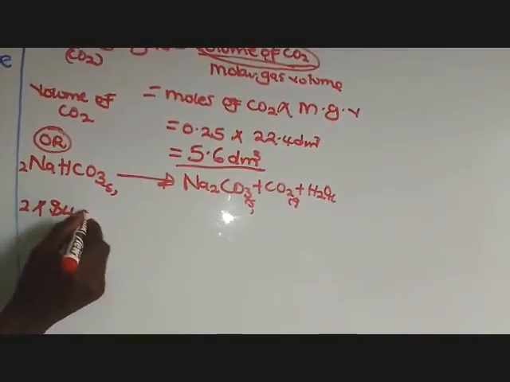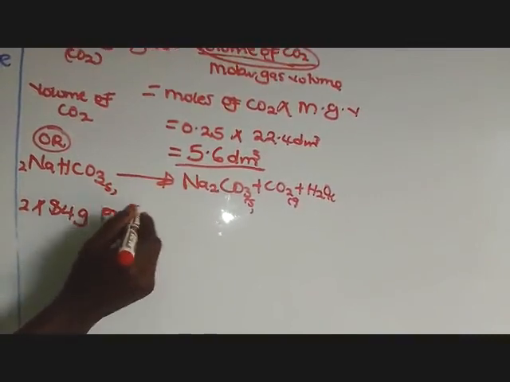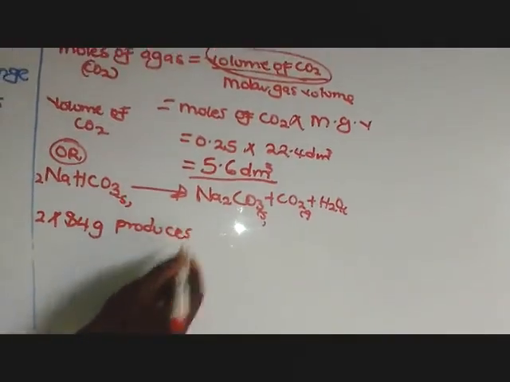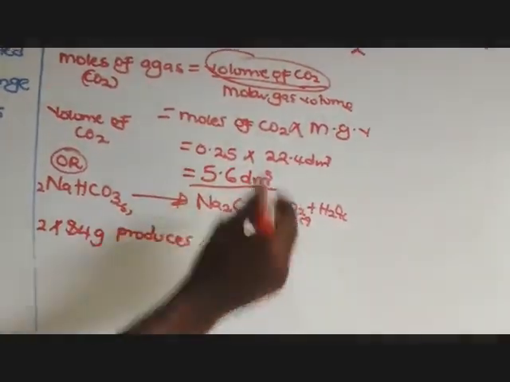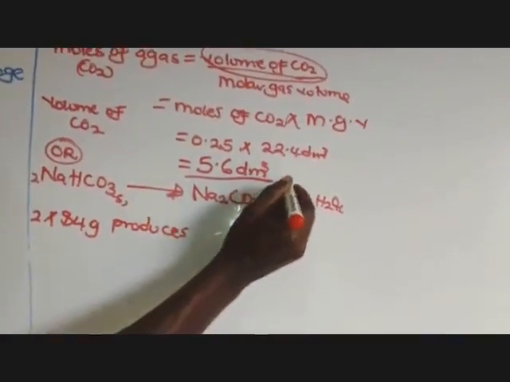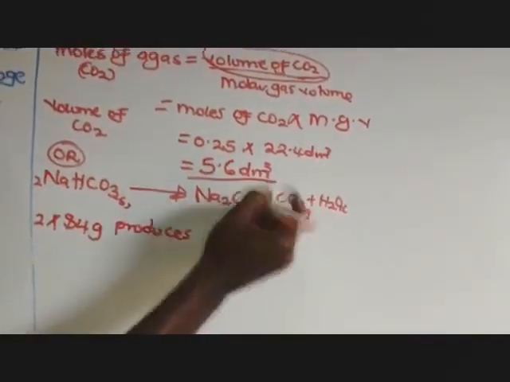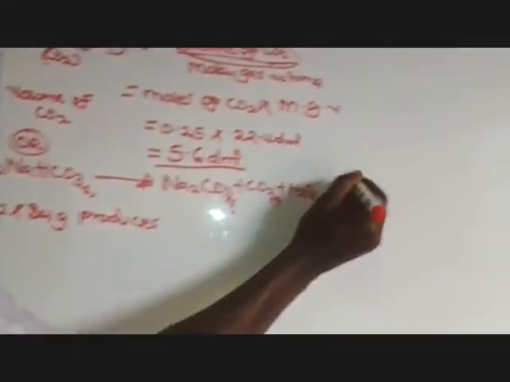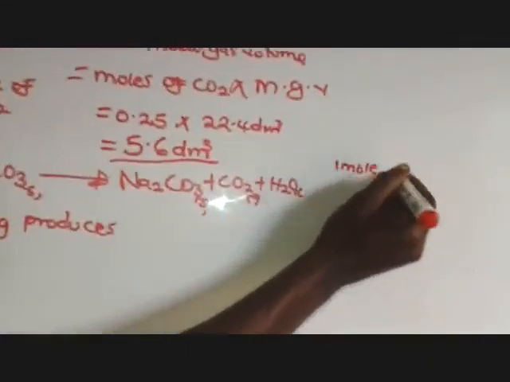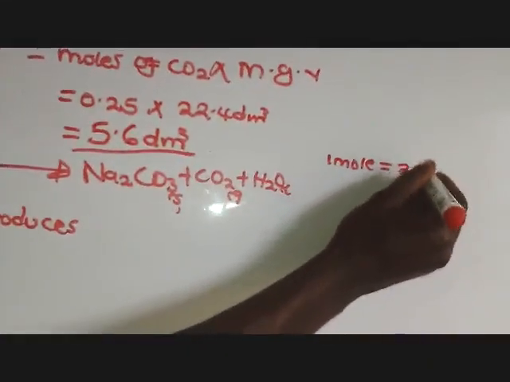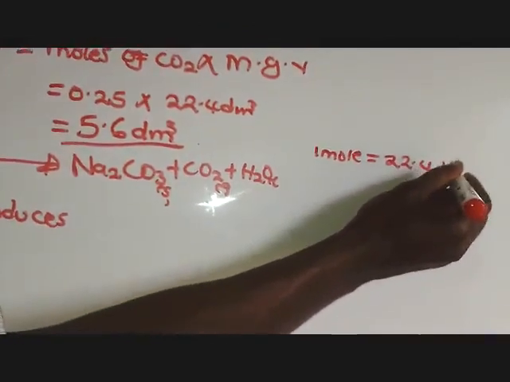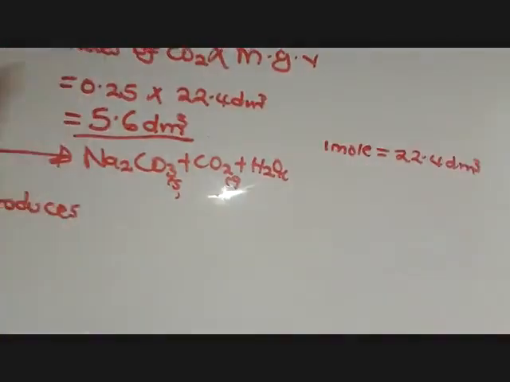These are grams. They are producing what? Produces this one, but this one is going to be represented by the molar gas volume. 1 mole produces 1 mole of carbon dioxide. But remember, 1 mole is equivalent to 22.4 decimeters cubed, as we said, it's the volume occupied by 1 mole of the gas.